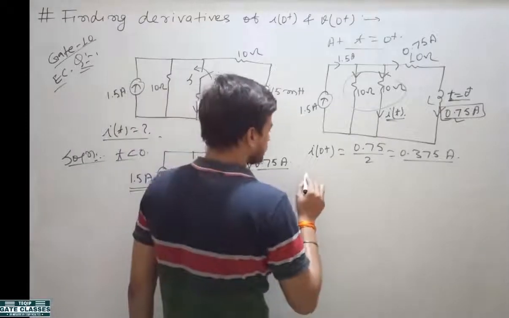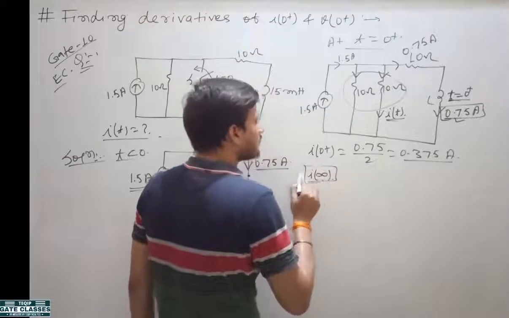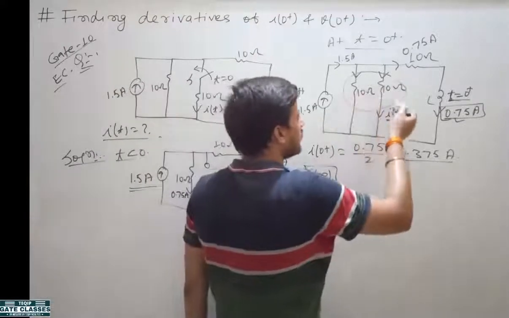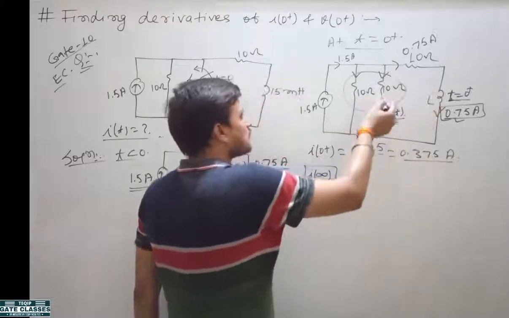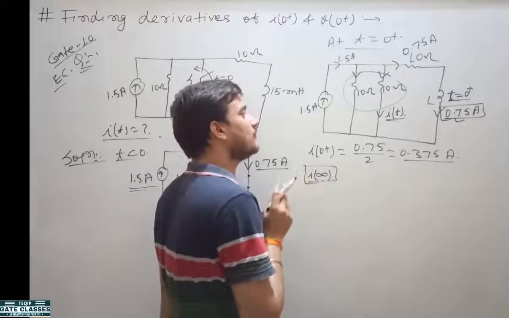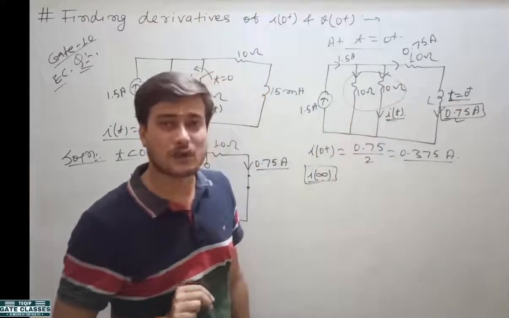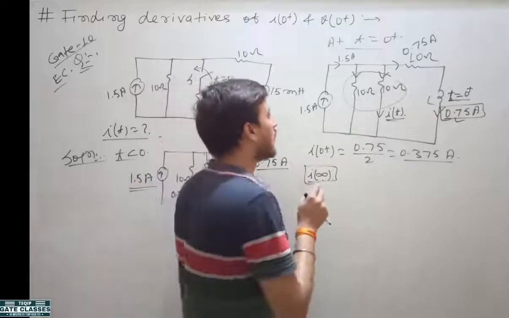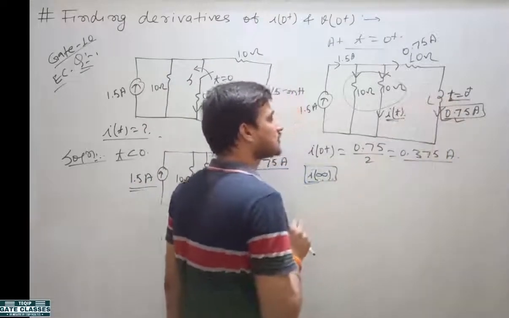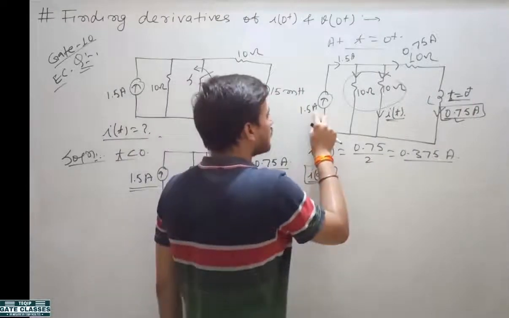Next you have to write I infinity. So to write I infinity, now what will happen? Now this switch will be in this position for very long time. Inductor will again act like short circuit, but see the difference. Gradually the current of this inductor will start changing when the switch is on, because you are having the current of 1.5 ampere.